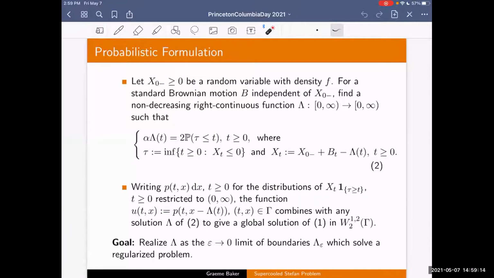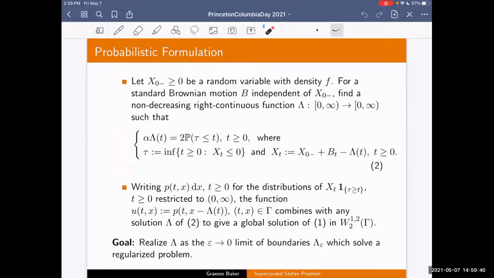What we do is we encode our initial temperature distribution in a density for a random variable X naught. And we take a Brownian motion B independent of that X naught. Okay. And then we're looking for a non-decreasing right continuous function lambda. This will be our free boundary that solves this problem too.